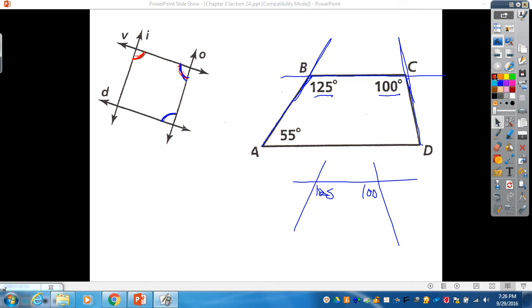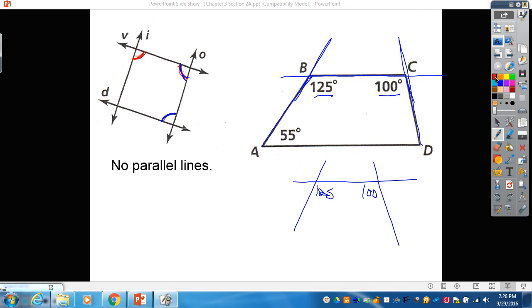So, taking a look at this next one, if we go with these 2 angles here. Oh, sorry. Back to my pen. These 2 angles here. If I add up 55 and 125, that makes 180 degrees. Well, remember, those are same side interior angles.